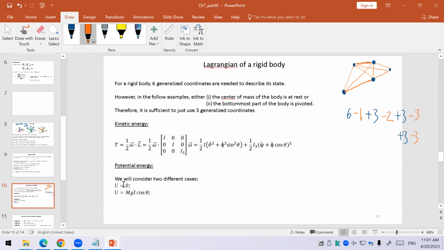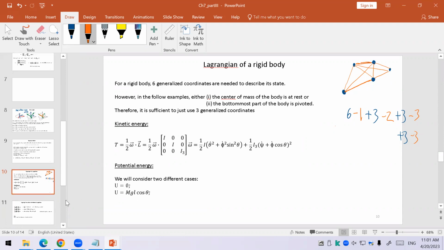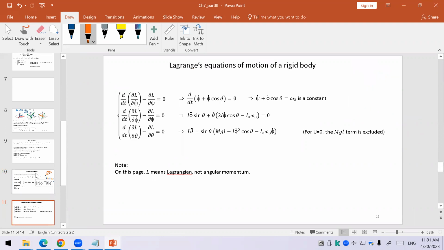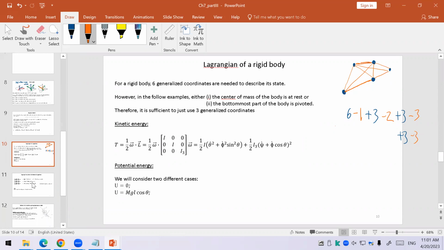And in fact, I'll consider these two cases: U equals 0 and U equals mgl cosine theta. Actually, I think I'll just focus on the second case, because the first case would be equivalent to the wobbling plate example that we just did.